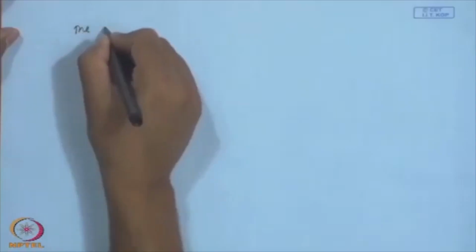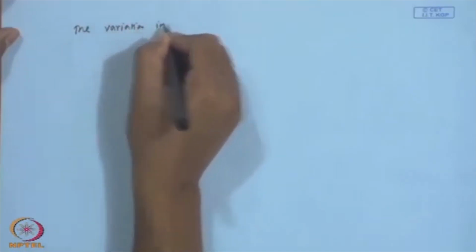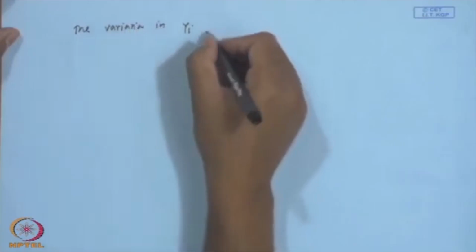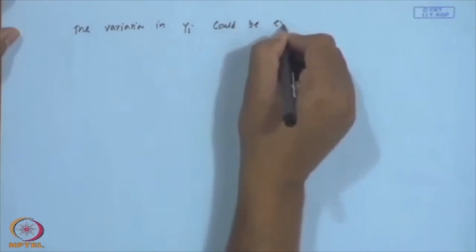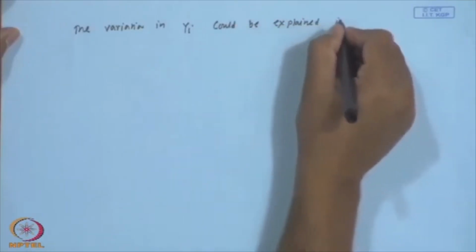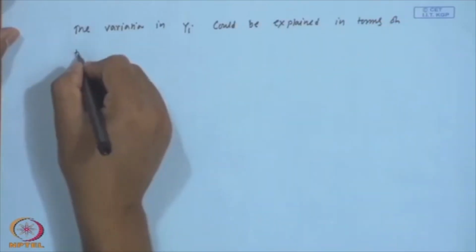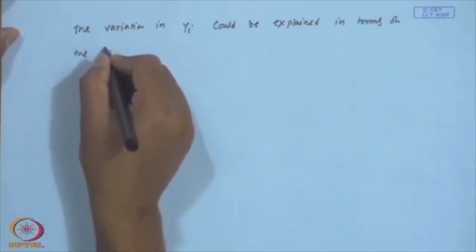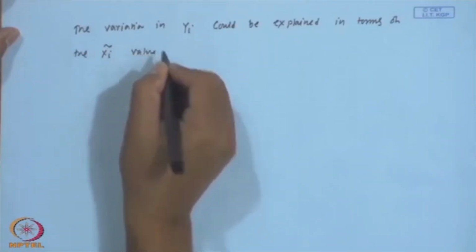So, the variation in y_i could be explained in terms of the regressors' values.